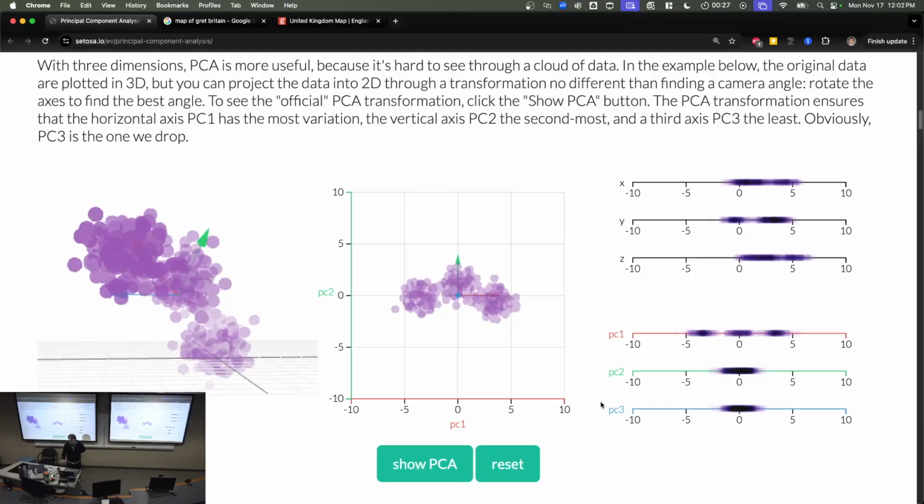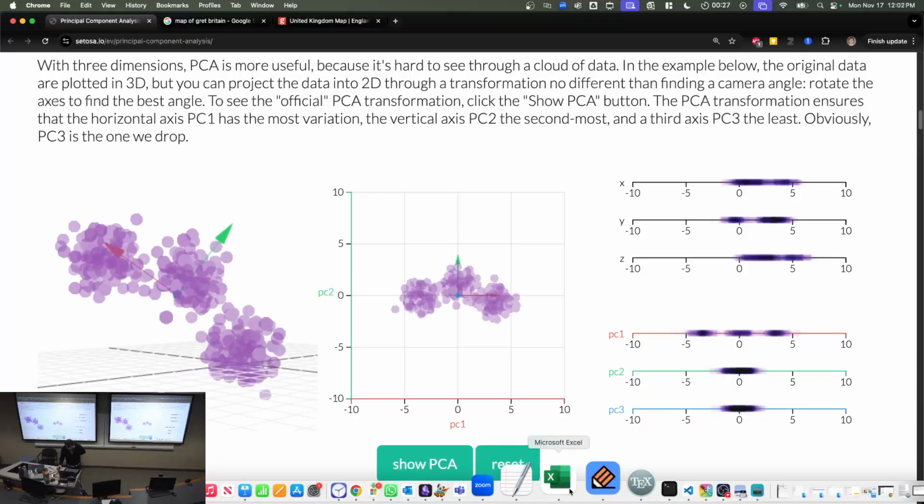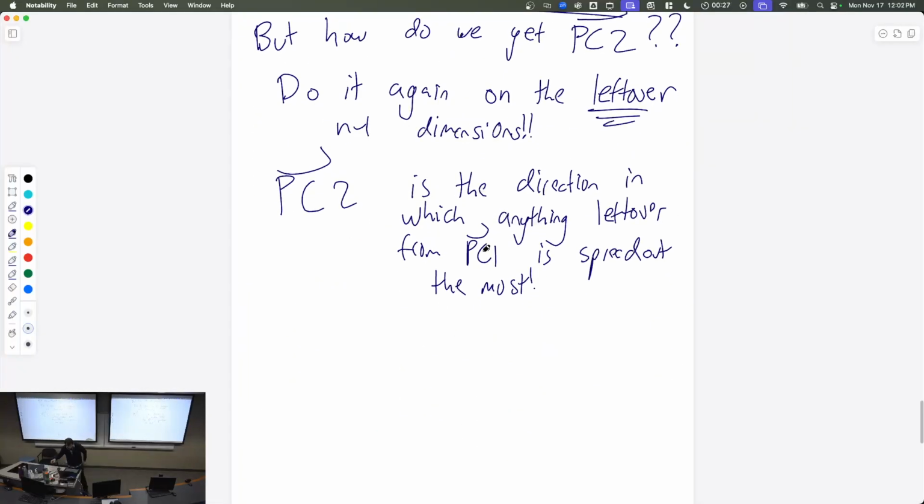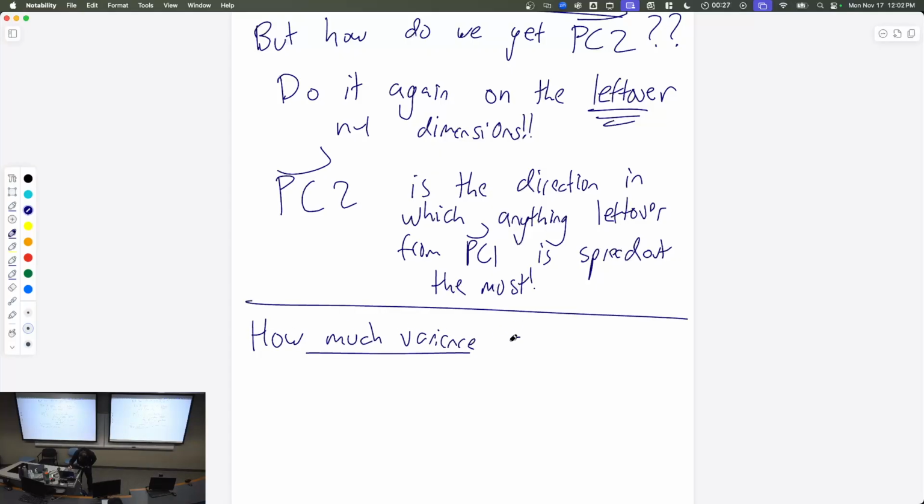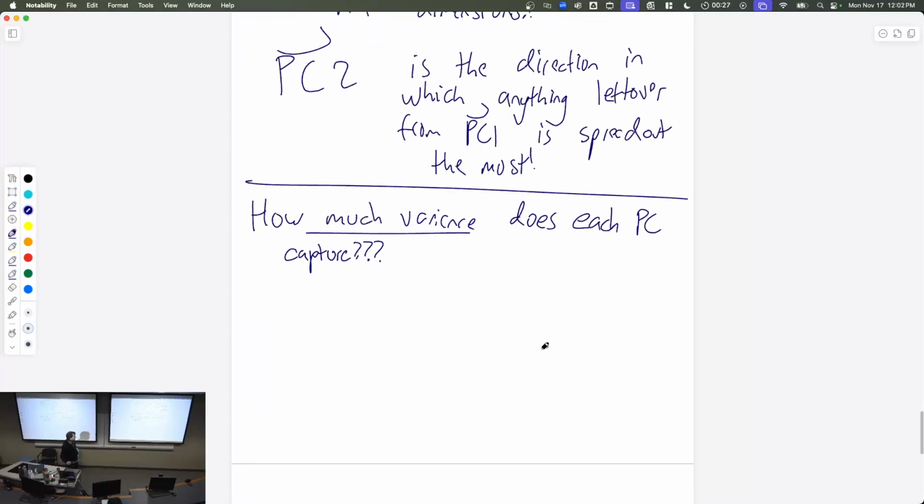Okay, let me say one more thing, which is as you are doing this, there is a notion of how much variance does each PC capture. Okay, and this is going to be a Pythagoras formula, like we've seen a number of times.